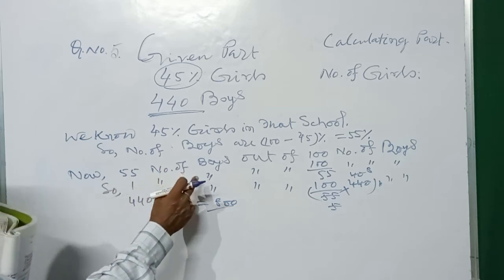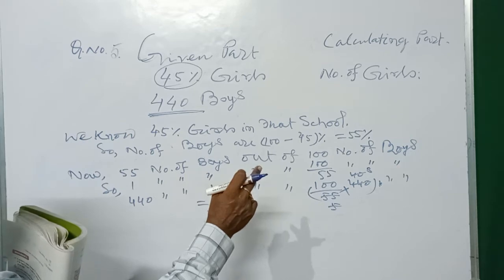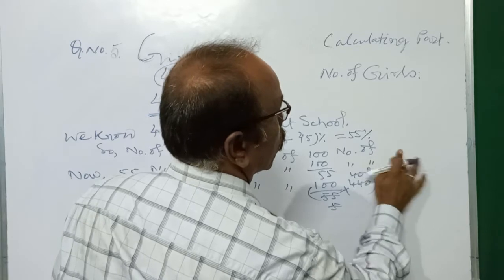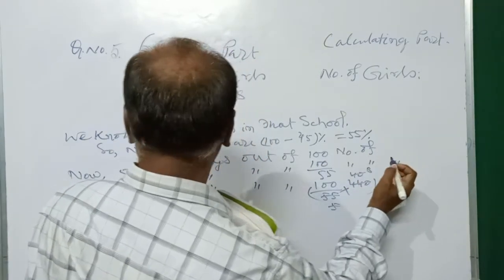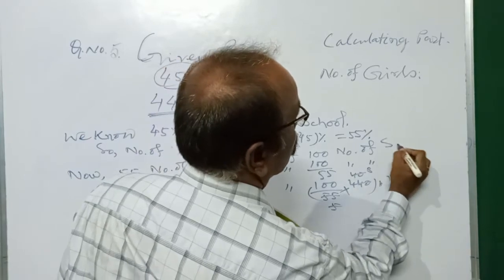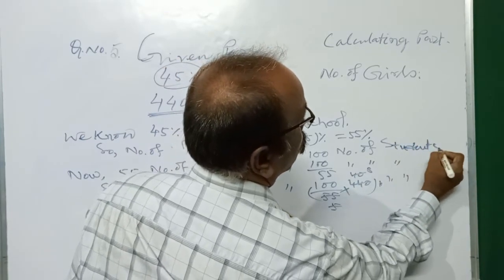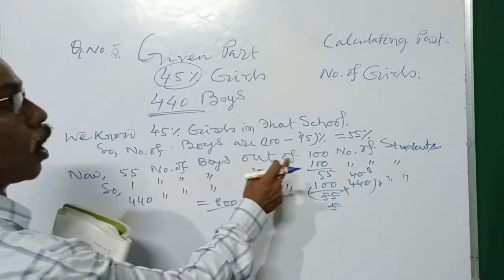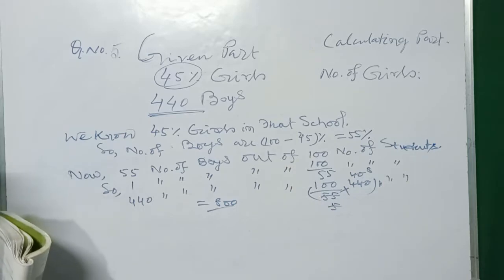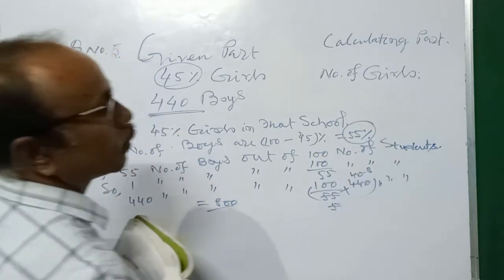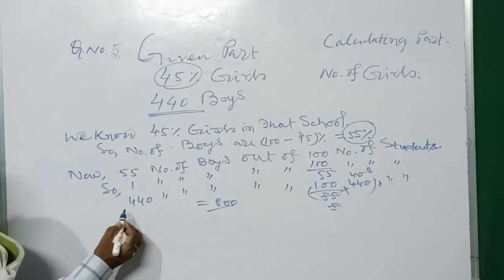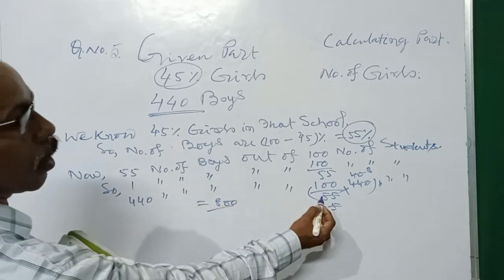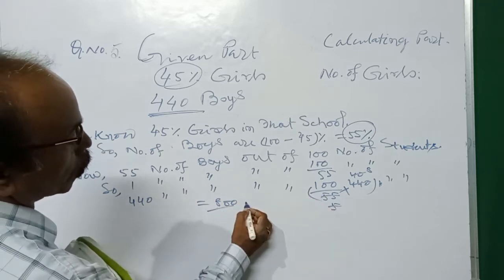55 boys out of 100 students, sorry, I am very sorry my dear student, here is a mistake, number of students. 55 boys out of 100 students, because it is 55%. So 440 boys out of 800 students.